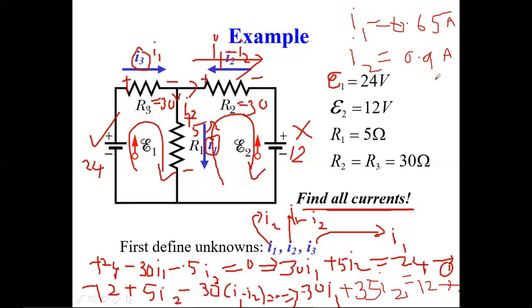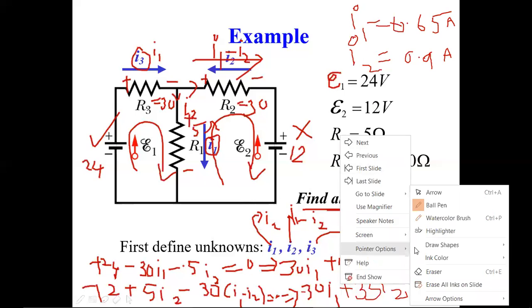So these are the currents. Then I need to insert this I1 and I2 here, then I will get all the branch currents. Let me use another pencil color.